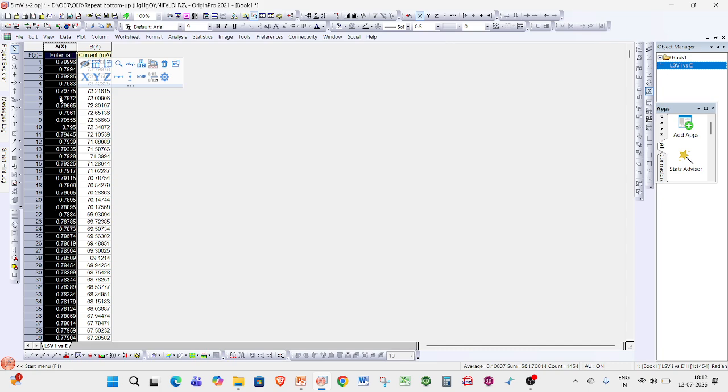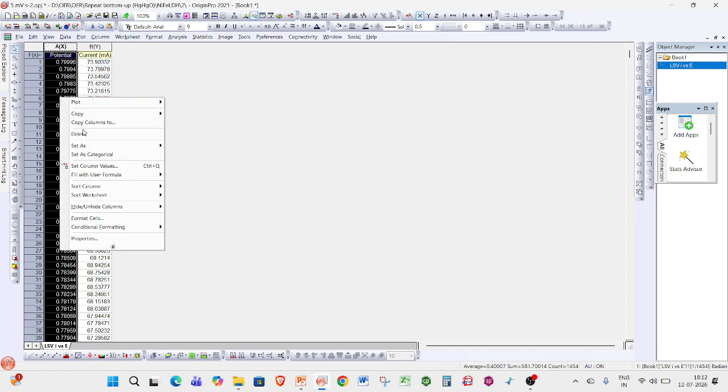E_RHE is equal to E_HgO plus 0.924 volt. This is what we summarized. When we use the mercury oxide reference electrode and the pH is 14, E_RHE is equal to E_HgO plus 0.924 volt.